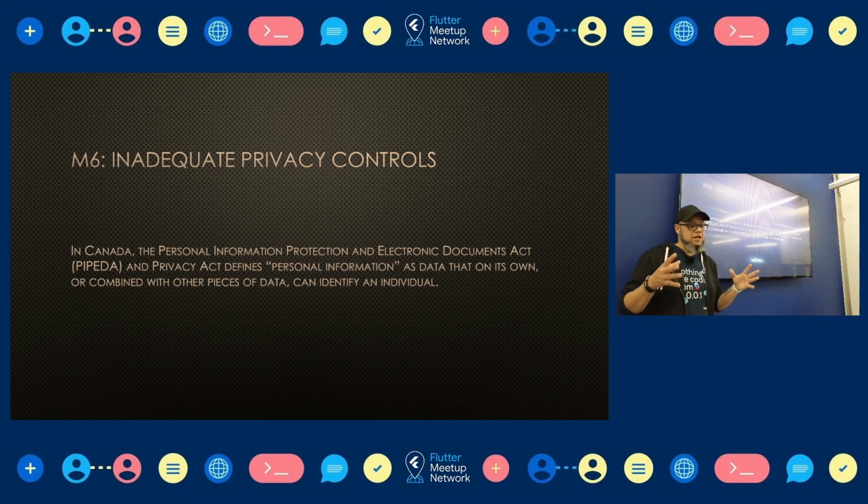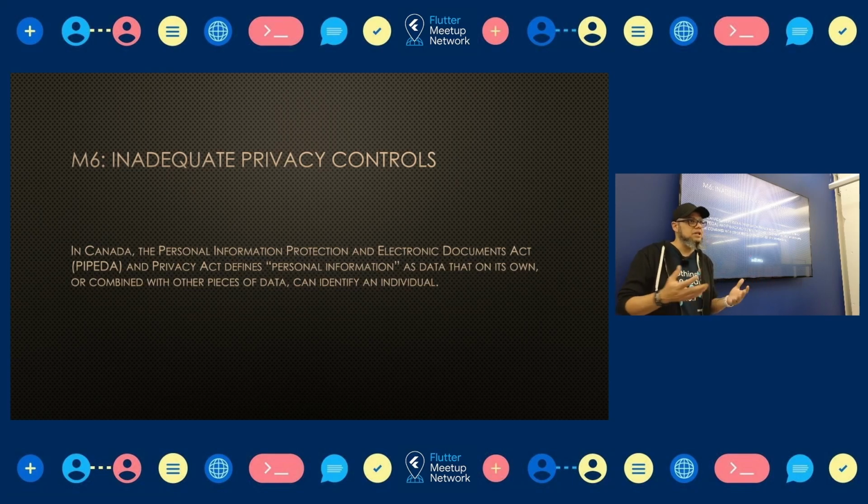So basically, PIPEDA defines personal information as data that on its own or combined with other pieces of data can lead to the identification of a user. It doesn't have to be necessarily sensitive information in itself, like a social security number.